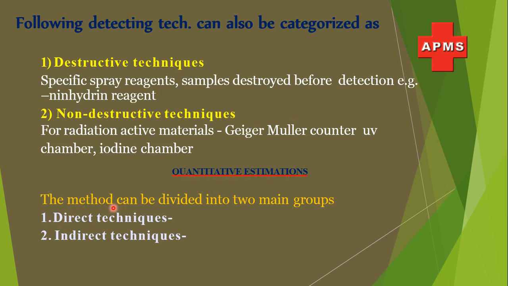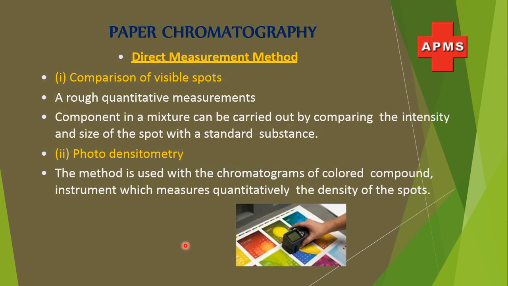Here are some methods. These methods can be divided into two main groups: direct techniques and indirect techniques. In the direct measurement method, we compare visible spots. This means we can directly observe our spots roughly and decide what quantity of that substance is present in our sample.